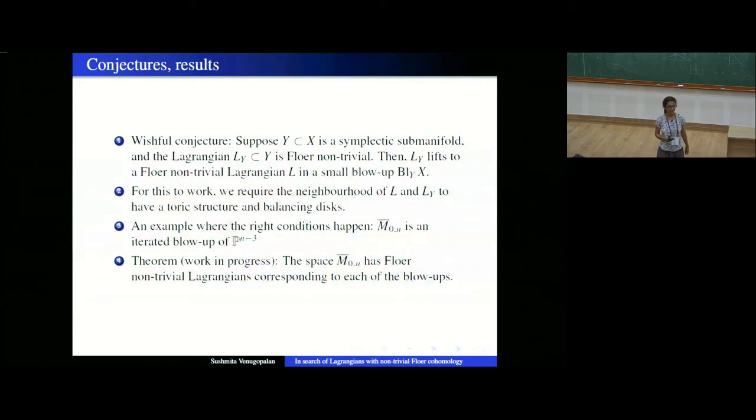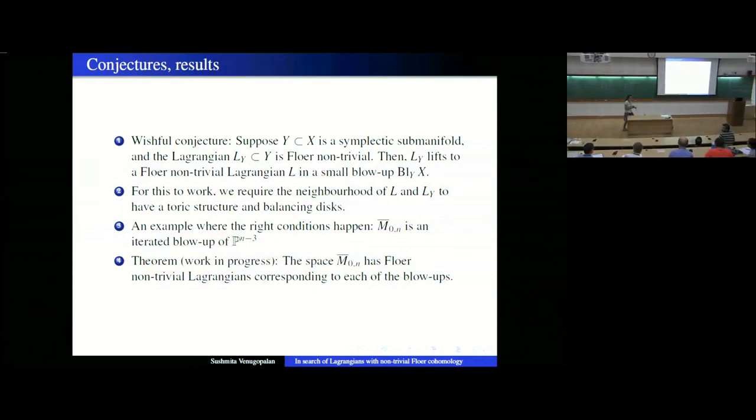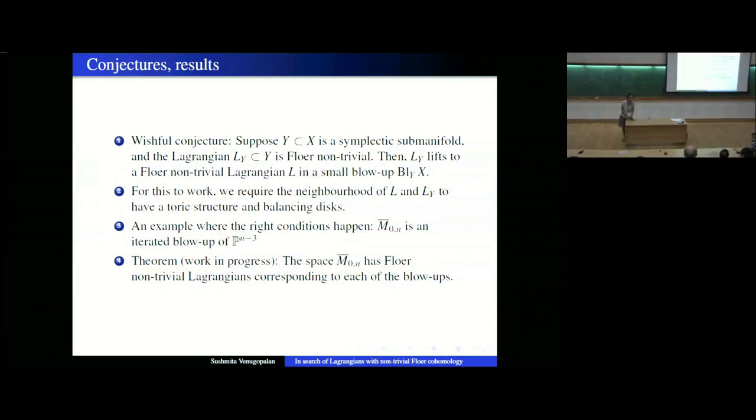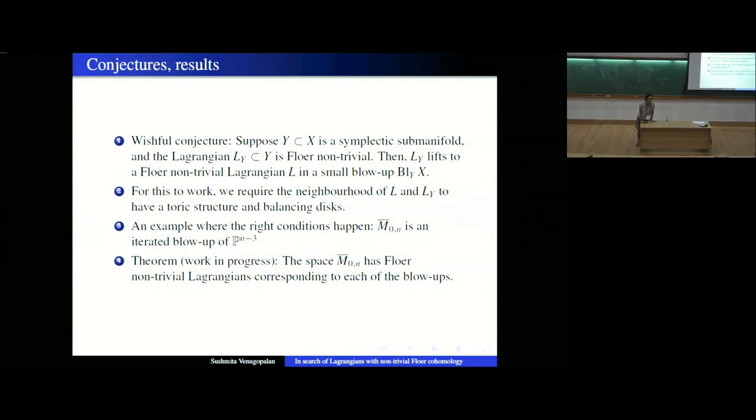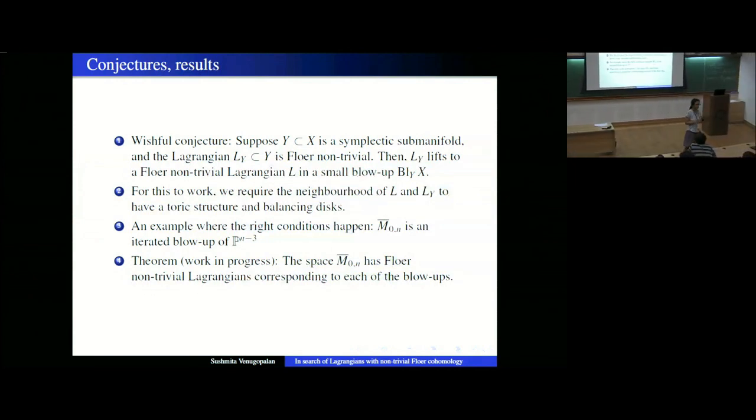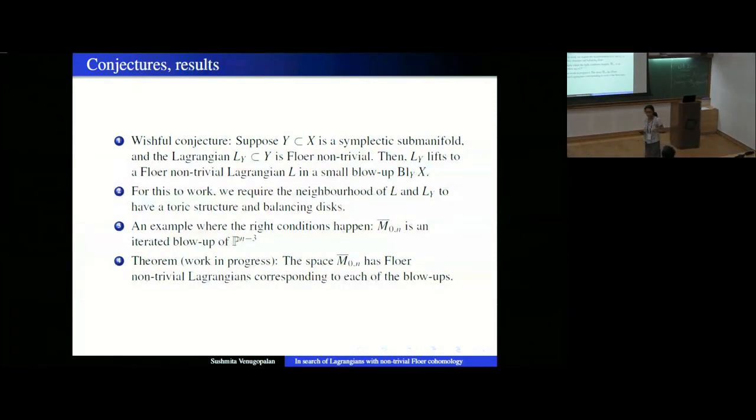Okay. So thank you very much for the talk and the discussion. So your question was, why is this counting of holomorphic disks better than the other choices of cocycles, right?